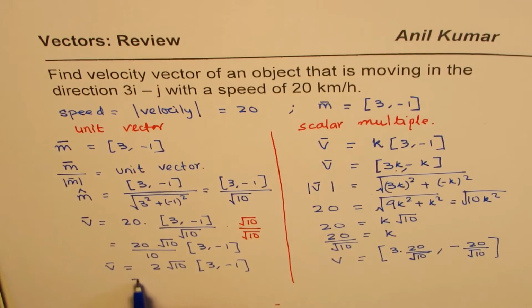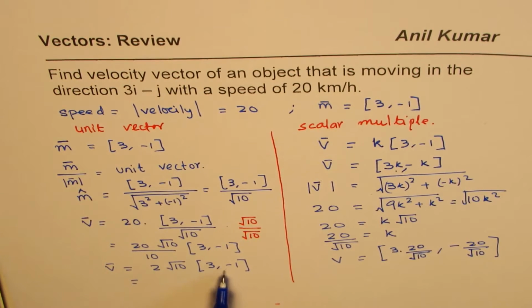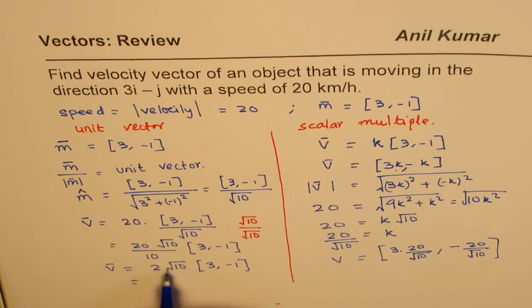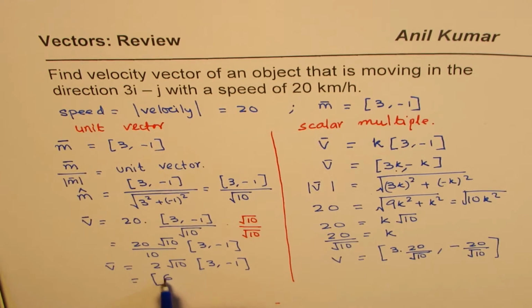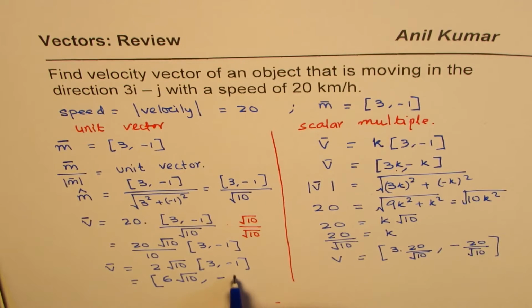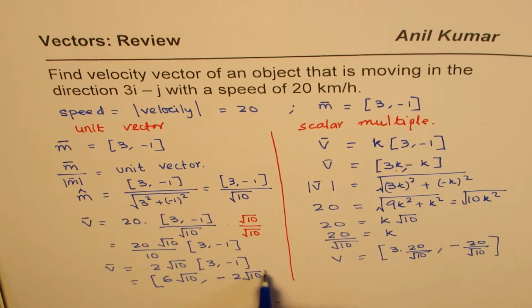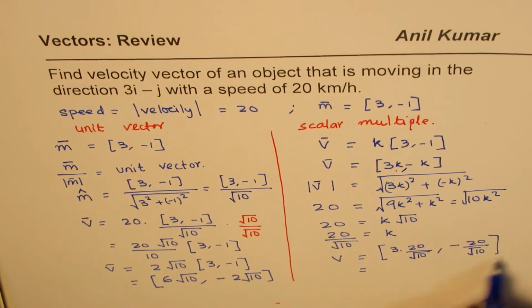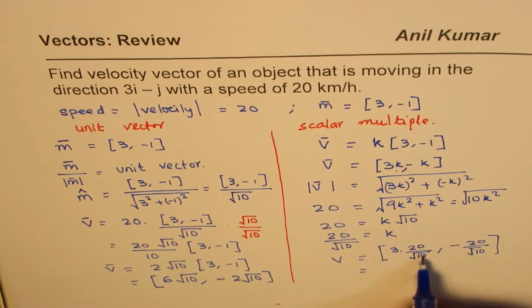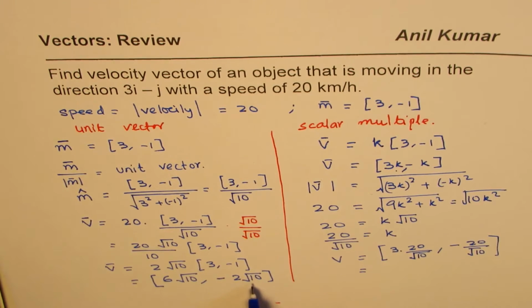Let me finish it off by simplifying. Generally we'll write this within brackets: 3 times 2 is 6 square root 10, and minus 2 square root 10. So that is going to be the final answer. Here also, if you rationalize the square root of 10, this is what you're going to get.